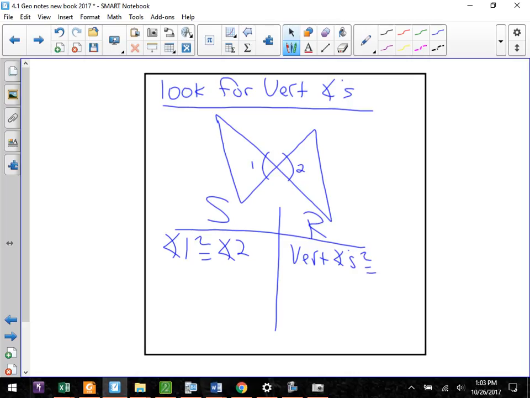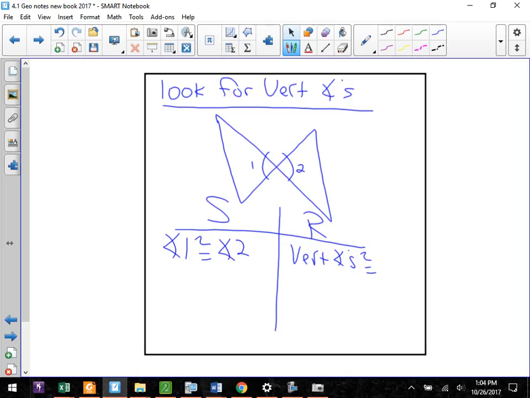It's going to come in really handy when we get into some stuff with proofs. Because eventually we're going to have stuff that looks like this: C is the midpoint of BD.